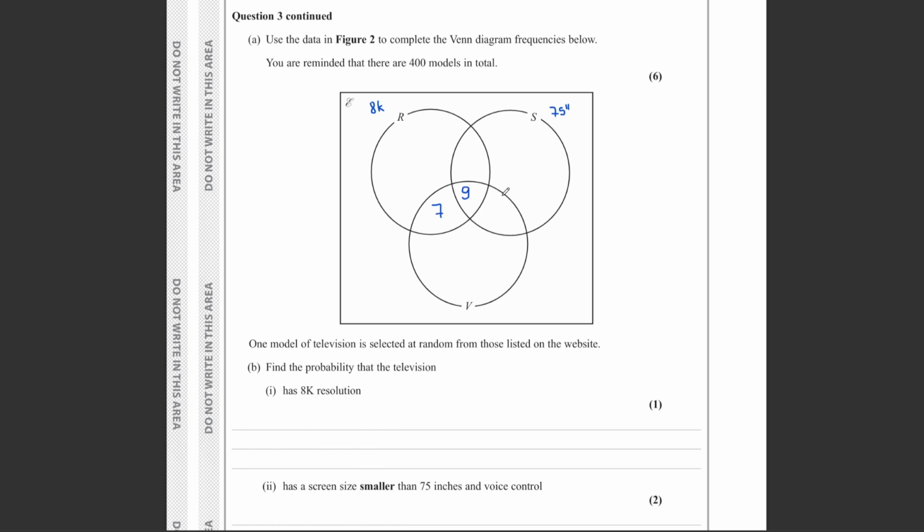Similar to the common part of the screen and the voice control, the total should be 69, so the remaining part will be 60. Whole circle for the voice control should be 304, so the remaining part is 228.